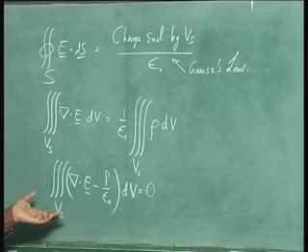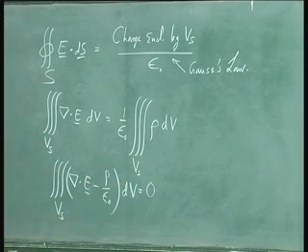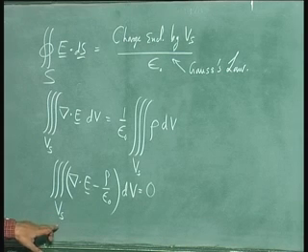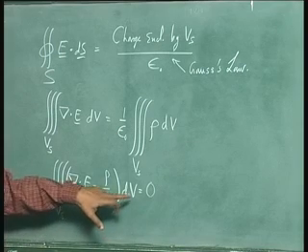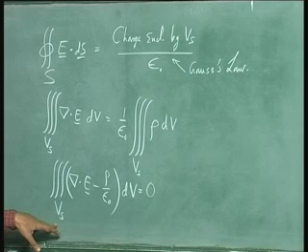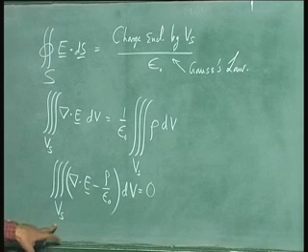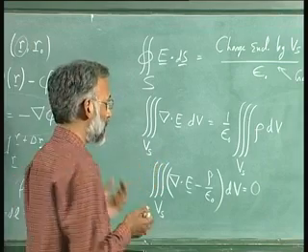Now, this by itself does not tell us anything. I mean, it is a volume integral of a function is 0, that can happen to many functions, but it is saying much more than that. It is saying that the volume integral of this quantity is 0 for any volume, because we did not specify what this volume was. It is true for each and every volume, which means I can take a microscopic volume about any point r.